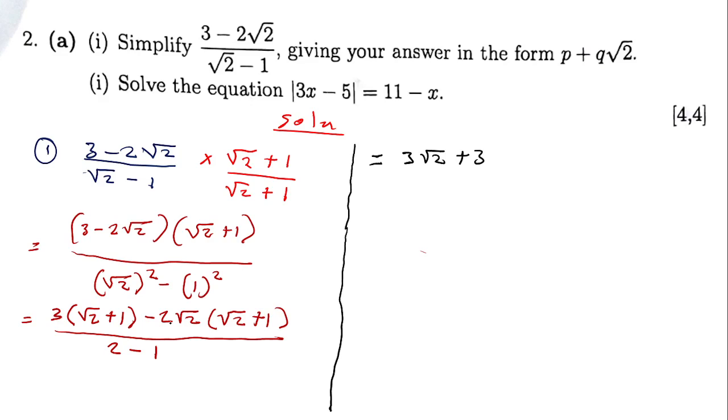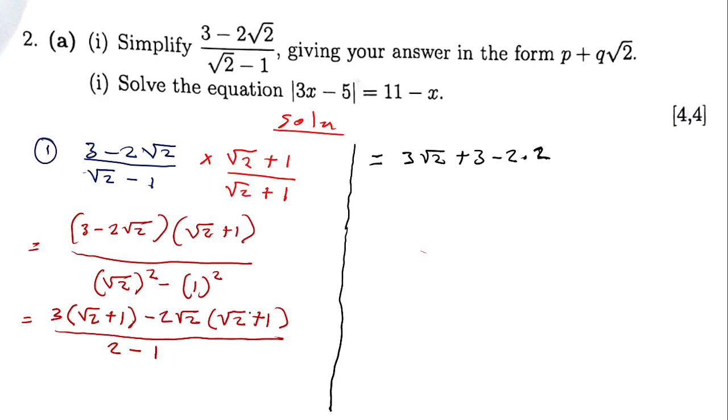And then I'll say negative 2 square root 2 times square root 2. It's just going to be negative 2 times 2, because we know that square root 2 times square root 2 is simply 2.